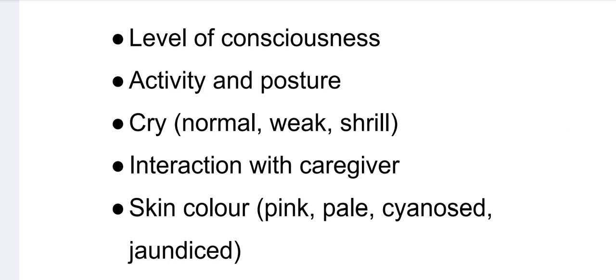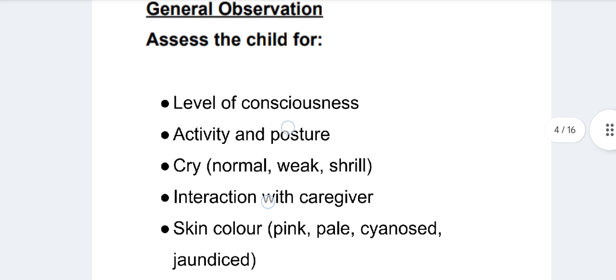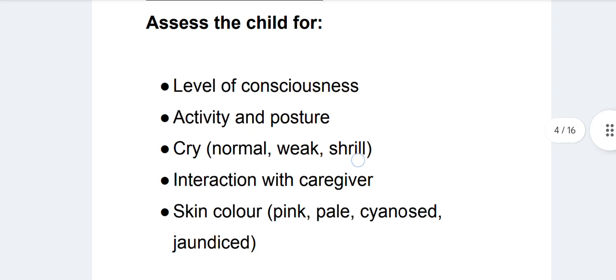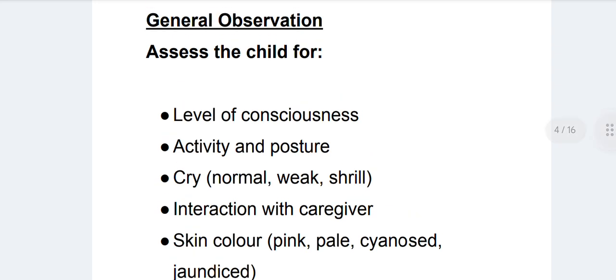Are they able to interact with the caregiver? You also want to look at the skin color. Is it pink? When it's pink, it's normal for a child. Pale, cyanosed, or jaundiced. These are the general observations that you want to do on this particular child.